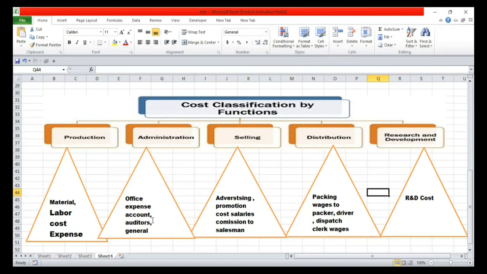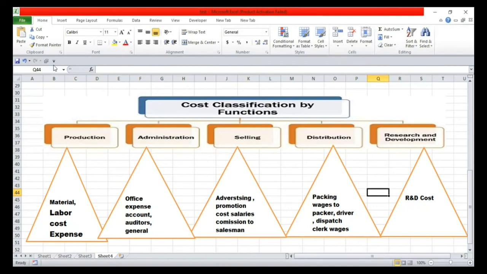These costs will also be counted in the process which we are discussing, and that process is accumulation of costs. So we will accumulate all these costs in order to determine the price of our product, and we will get to know at what price we should sell our product to our customer.